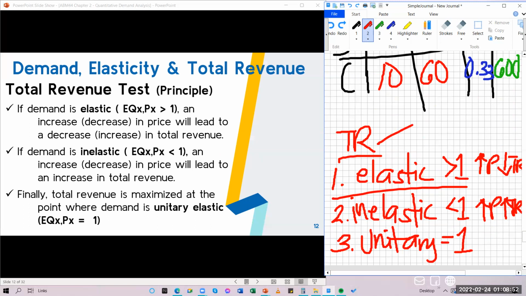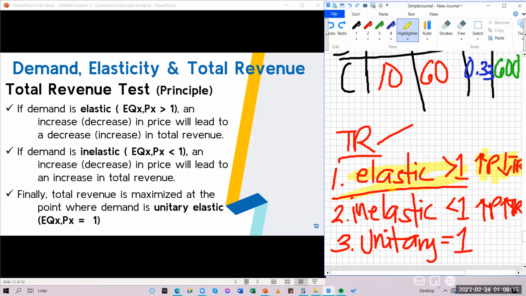So again, if the demand is elastic, greater than 1, then if the price increases, your total revenue decreases. So your income decreases, because the result is greater than 1.